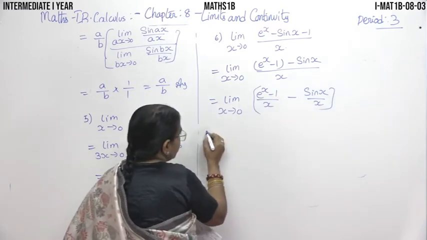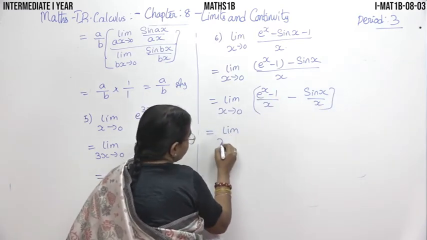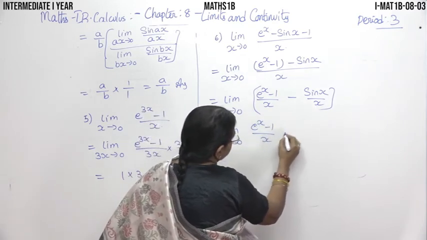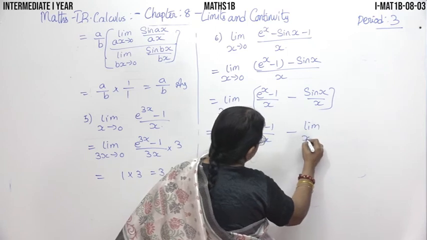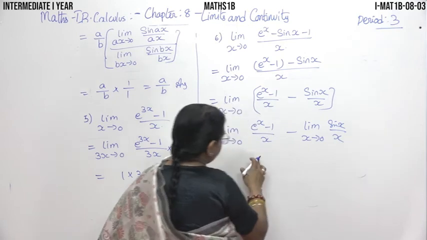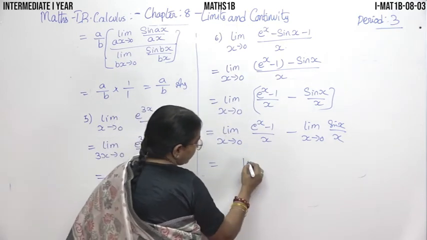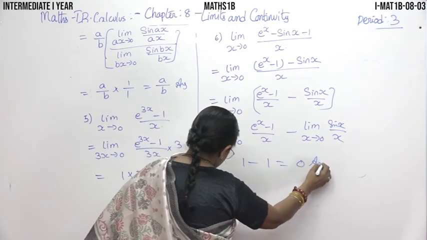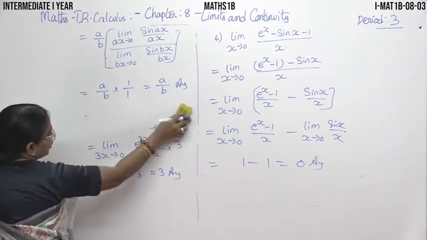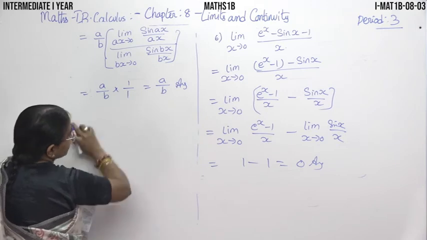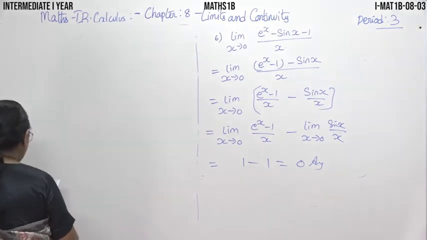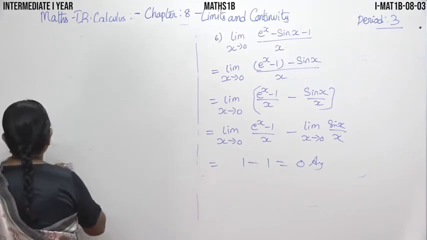So now it is limit of first function e power x minus 1 by x minus limit of second function sin x by x. So you can see this limit is 1, that limit is also 1, 1 minus 1 is 0. So like this we do the problem. That problem is again very, very important. You can just practice, learn. Okay, next problem.